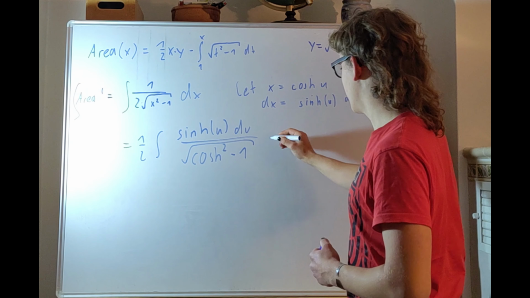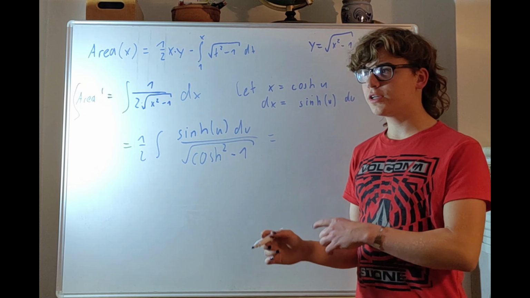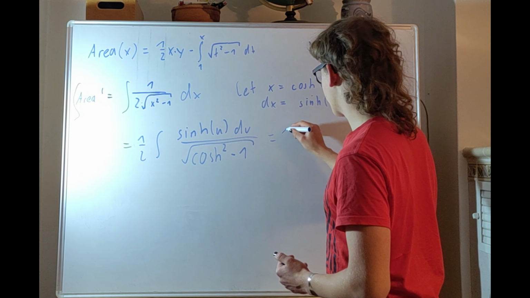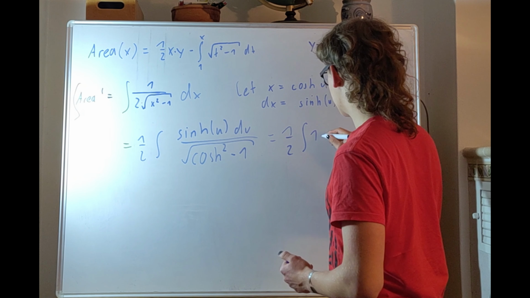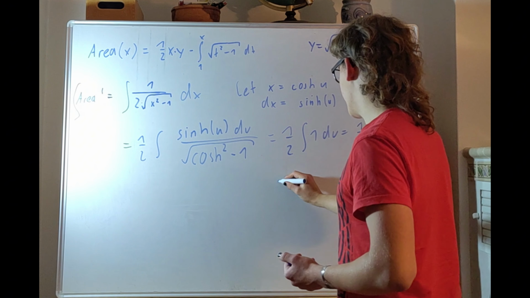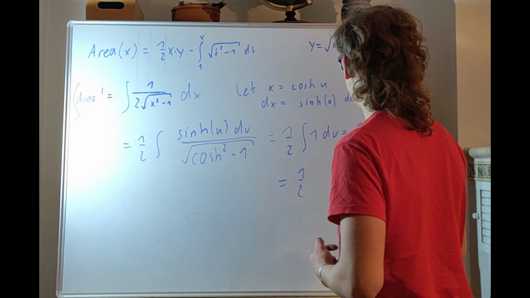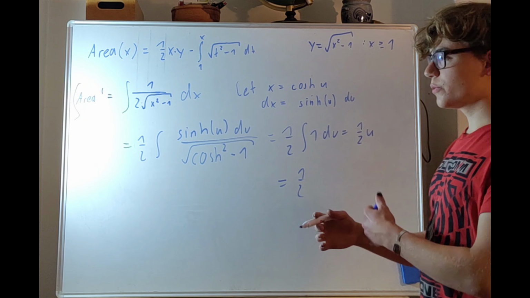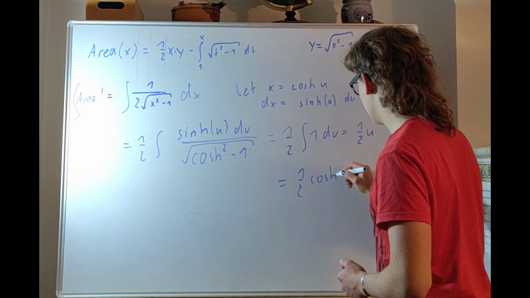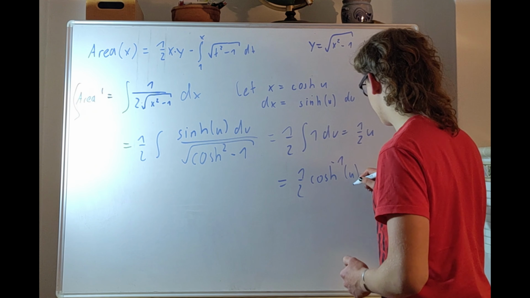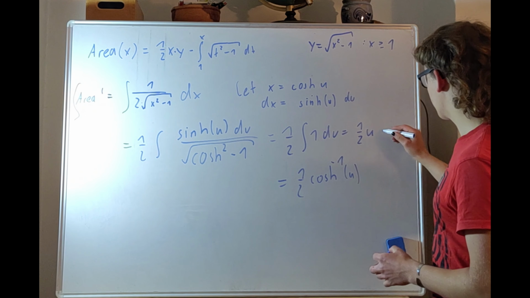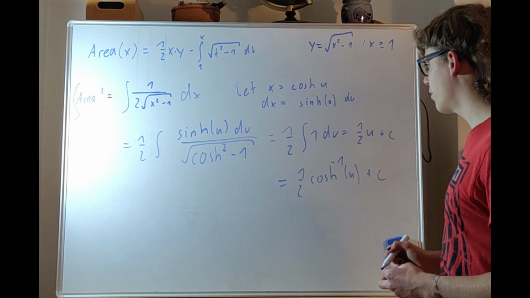But we know that cosh squared minus 1 is equal to sinh squared, and take the square root, which is equal to sinh, and this means that this is the integral of 1 du, and this will be equal to 1/2 u, and this will be equal to 1/2, and then this is the inverse, which exists because we just look at the top part, 1/2 of cosh to the negative 1 power of u. But we of course should not forget about the plus c here and there.